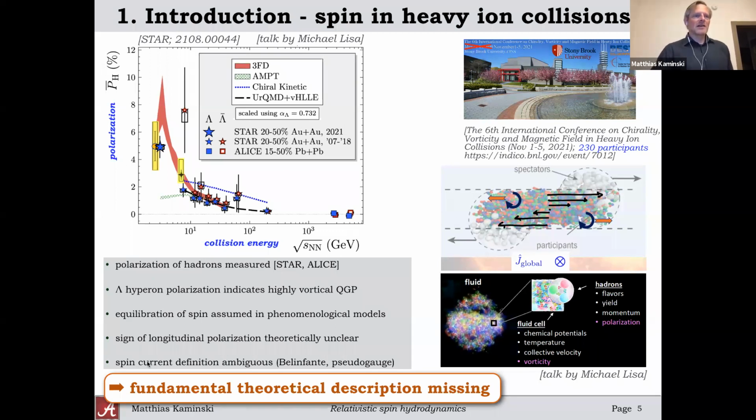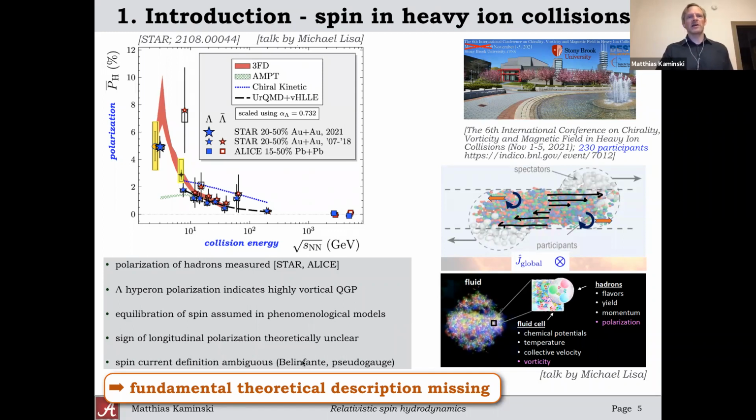Another theoretically unclear point is as basic and as fundamental as just the spin current's definition. It turns out that the spin current can be defined in different ways, because if you're familiar with the Belinfante-Rosenfeld energy momentum tensor, it contains ambiguities because you can perform Belinfante transformations, which leave the equations of motion unaffected, but which clearly change the definition of the currents in the energy momentum tensor.